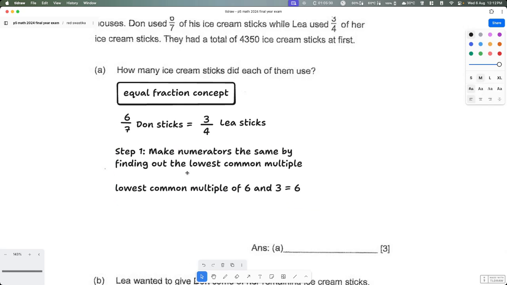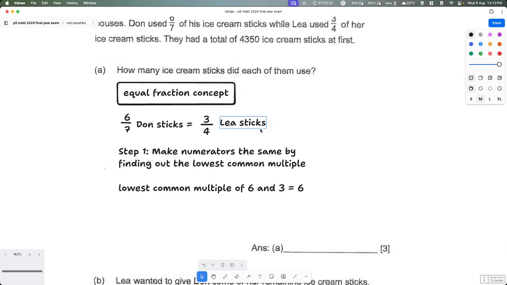That means 3/4 of Leia's sticks needs to be times 2, so times 2 for Leia's sticks, and we times 2 on the 4 as well. So this will become 6/8. Now this is equal.